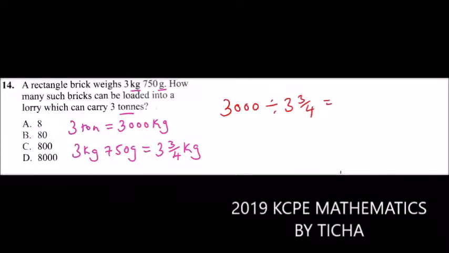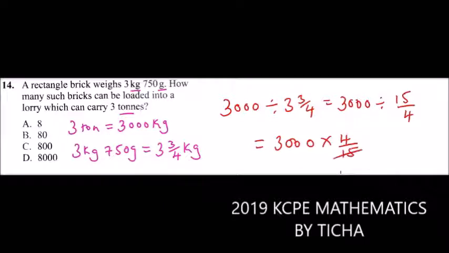You write this fraction in its proper form: 4 times 3 is 12, plus 3, it is 15/4. When you are dividing by a fraction, we reverse the fraction and multiply by 4/15.